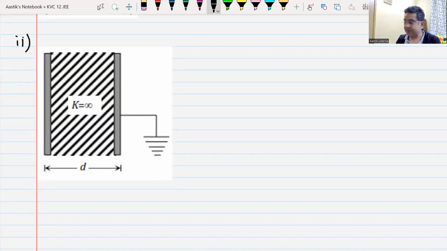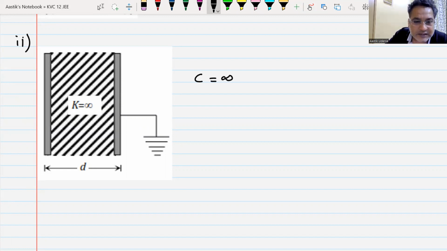If you have a capacitor which is completely filled up with a metallic plate, you insert a metallic slab and it completely fills up this space. In that case, your capacitance will turn towards infinity, and you can call it an infinite capacitance.